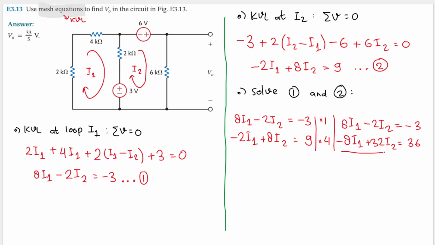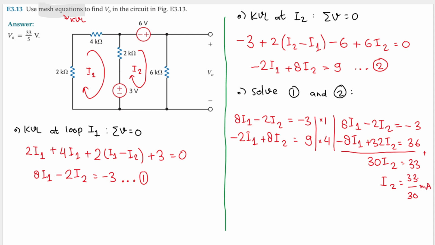Okay, let's add them up. So we'll have 30I2, and that will equal 33. So what is I2? I2 is 33 over 30, and the unit will be milliampere, right? Because this is in volt and this is in kilo ohm, so we will have milliampere.